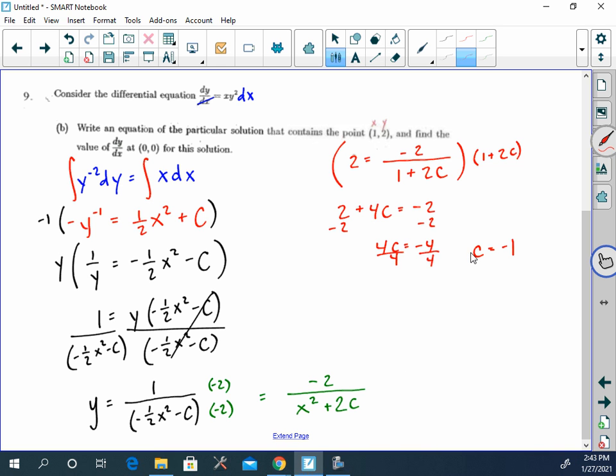And then I just want to rewrite this with that c value plugged in. So I'm getting y equals -2 over x squared minus 2, because our c is -1. Hopefully that matches the key there. Does that look okay?